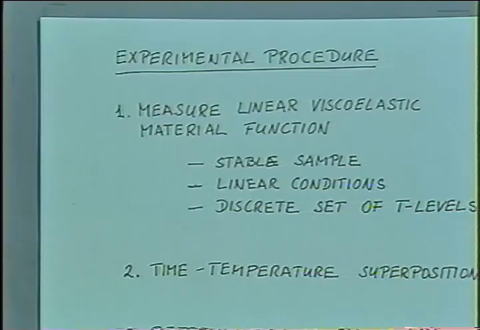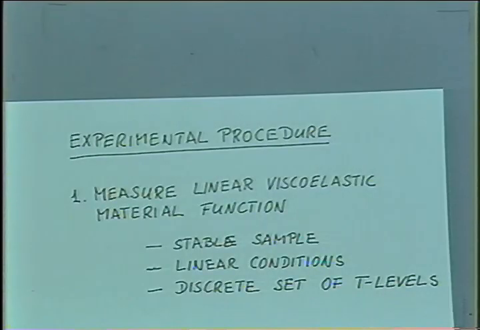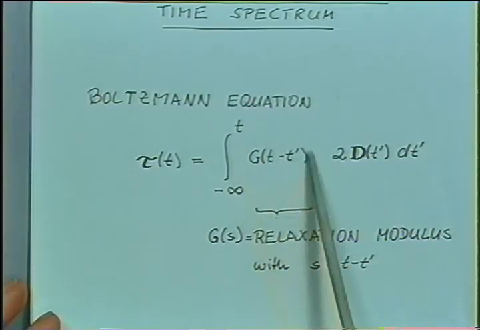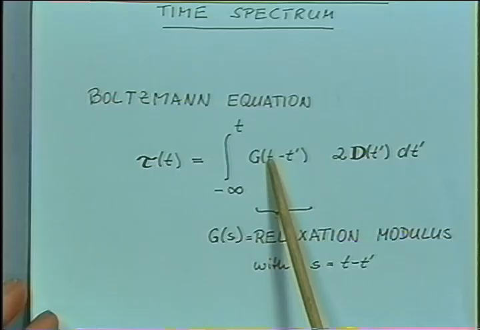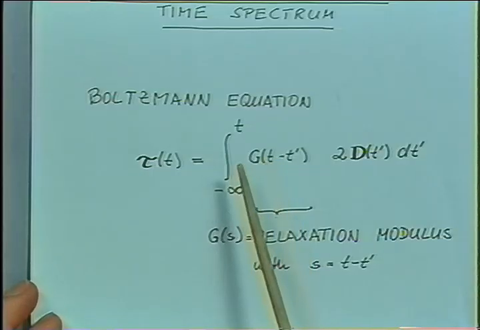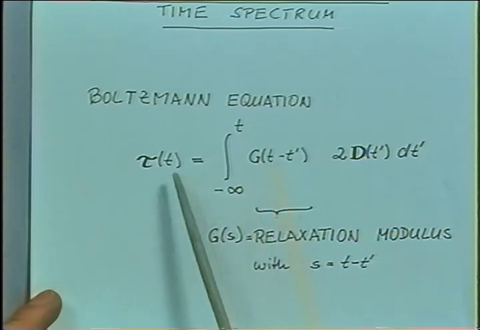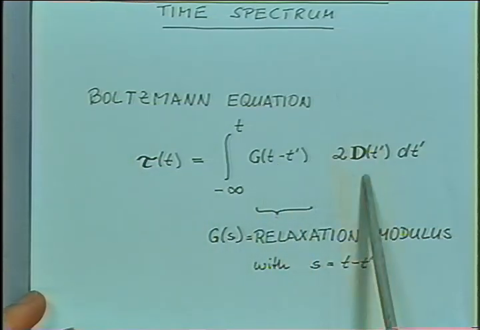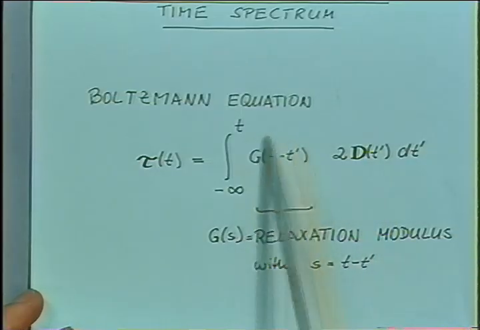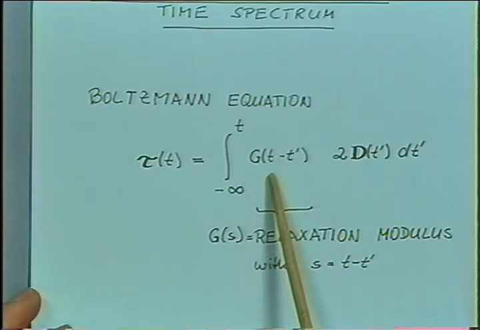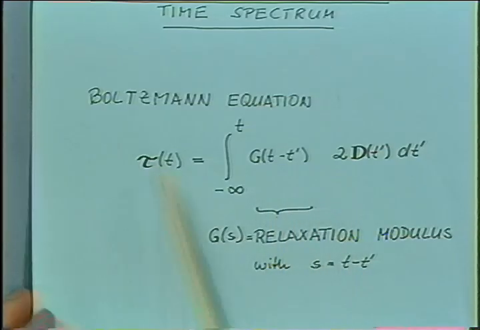Going back to the Boltzmann equation, you remember that the stress can be calculated if we know the relaxation modulus. And now we reverse that. We make an experiment in the linear viscoelastic region. It can be any experiment which gives us the stress and the rate of deformation. And from those experimental data, we somehow evaluate the relaxation modulus. And from the relaxation modulus, we get the spectrum. So we are inverting that approach.